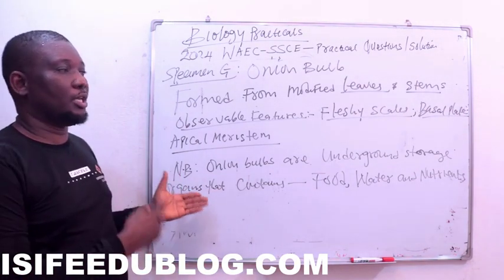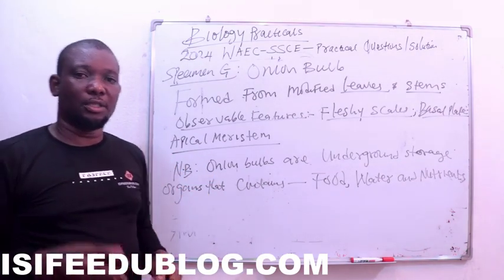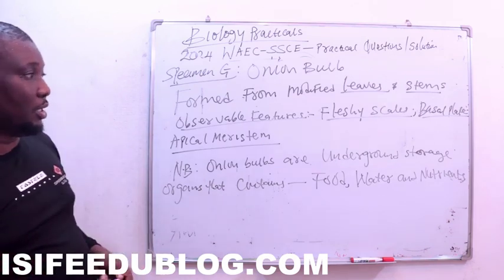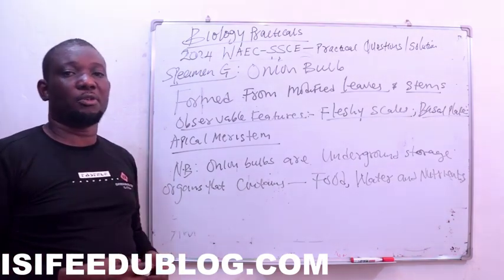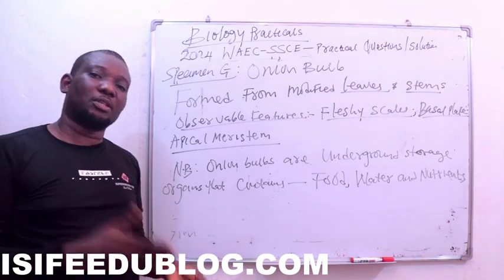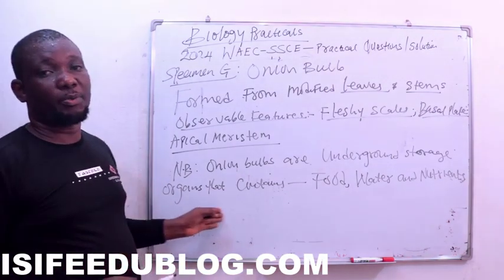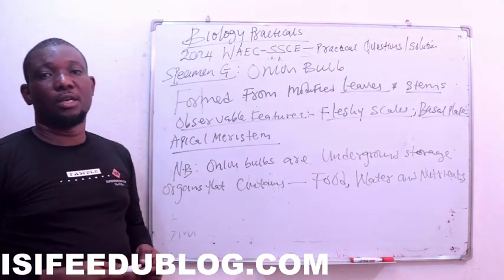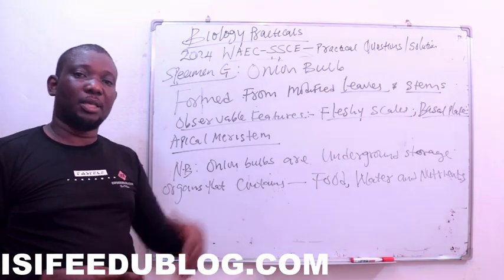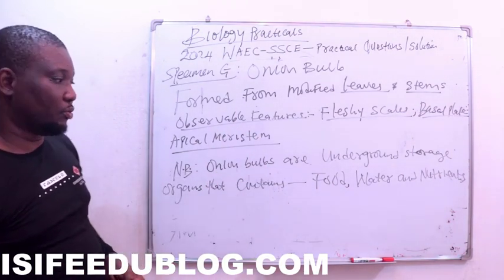I have seen a case where this particular specimen is drawn on the day of the exam. So when you are drawing the diagram, look at the specific size of the diagram and compare it with the size of the live specimen. You can see the diagram has a caption, maybe an onion bulb that is cut longitudinally and placed on the table, then you start drawing based on what we are seeing.